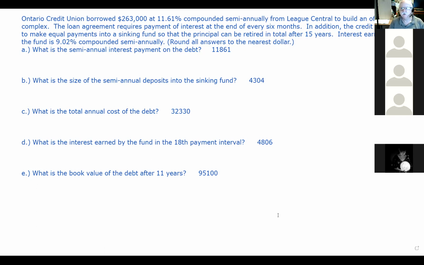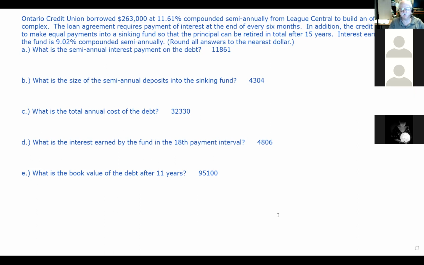In addition, the credit union is to make equal payments into a sinking fund so that the principal can be retired in total after 15 years. Interest earned by the fund is 9.02% compounded semi-annually. And again, we're rounding all answers to the nearest dollar. So what is the semi-annual interest payment on the debt? So basically, this is a coupon we're calculating.